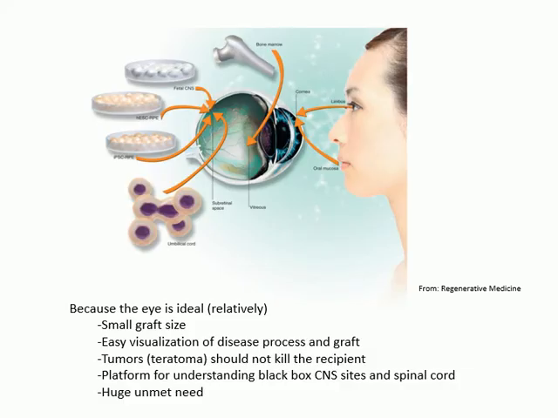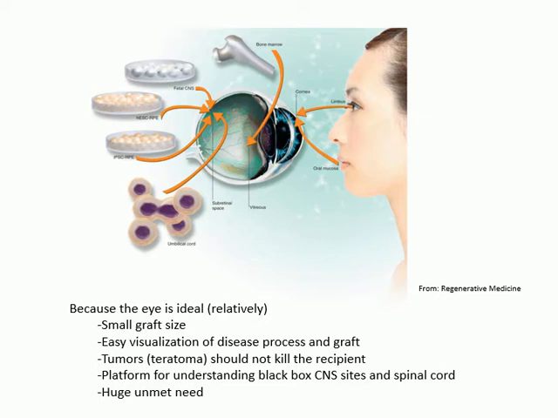So the idea that the eye was active in the early clinical trials for stem cells was not a surprise, because the eye is just relatively ideal compared to other sites for transplantation. The small graft size means that the manufacture of the graft is relatively inexpensive. So 100,000 cells for a macular degeneration therapy is not a crazy number of cells to think about, but the billions of cells that you would need to build a liver, for example, just dwarf that.